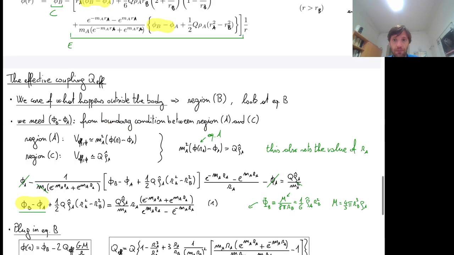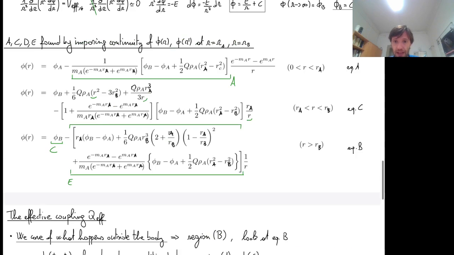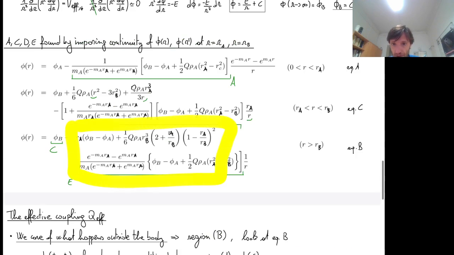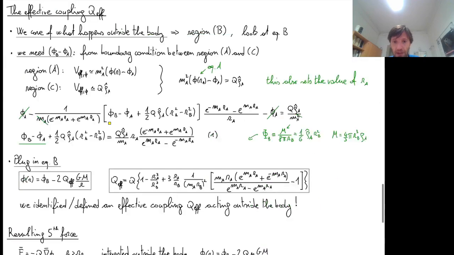So you see, now we have an explicit expression. I spare you the super boring details, but in the end, you see this is a constant that can be rewritten in this form. So you see, this constant is that, where we identify this Q effective with this expression.